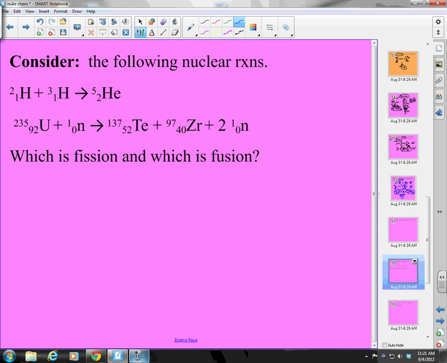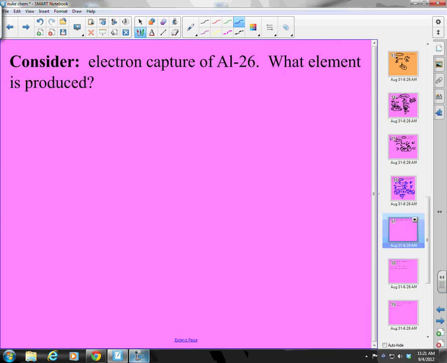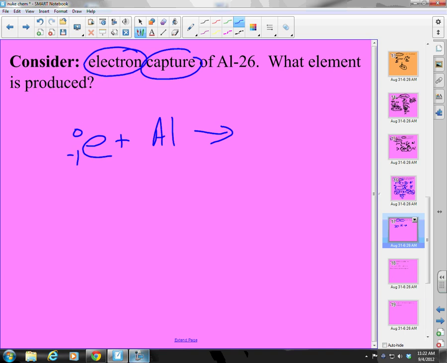Finally, this will be our last one today. Electron capture of aluminum 26. Okay, how do I represent an electron? Well, an electron is really our beta particle. Its capture means it's going to be on the left side of my yield arrow. Aluminum 26. I look up aluminum on the periodic table. It's 13. And what do I get out of this?